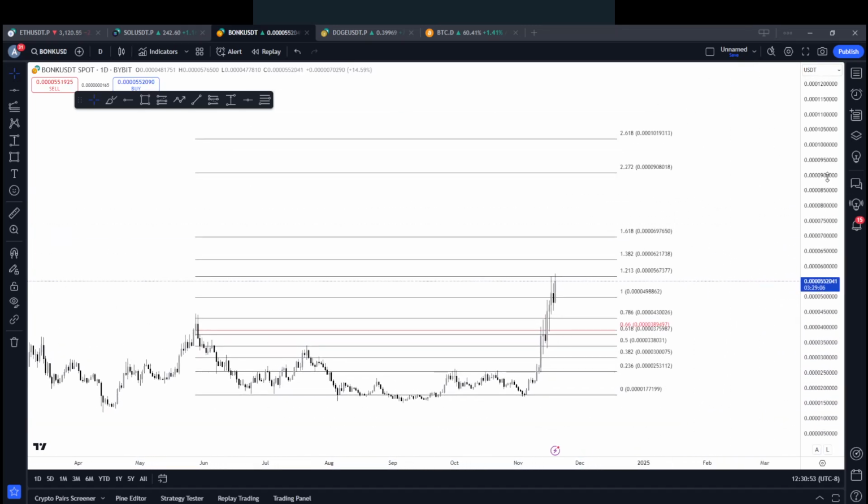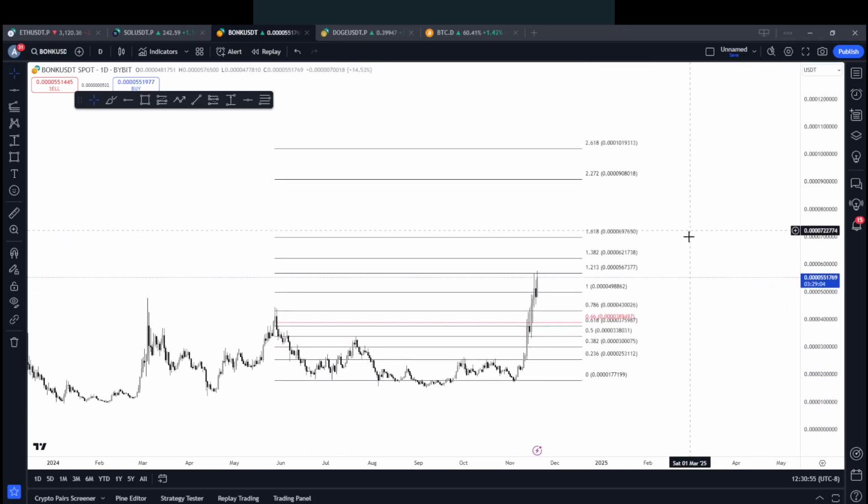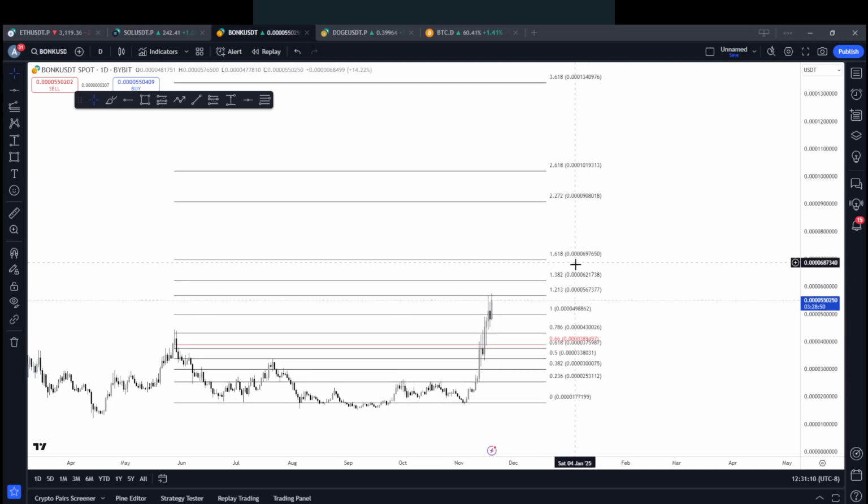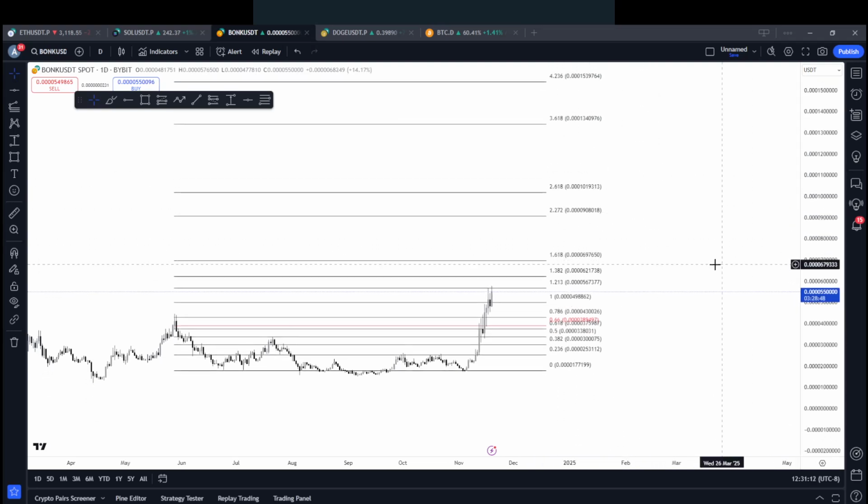I drew it from this swing low to this swing high down to this swing low here, and it's rejecting at all levels. So 1.38, 1.61, and so on and so forth.